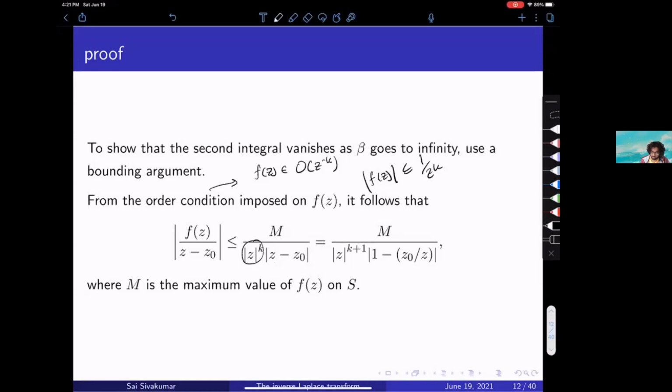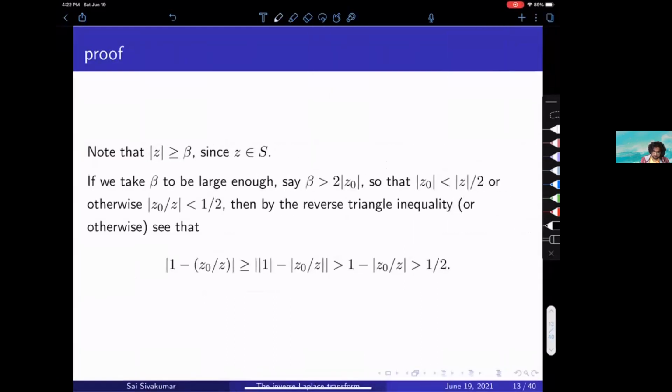So then it becomes 1 minus z naught over z. And we need to show something nice about this, because this is kind of an annoying term, but we want to show, of course, that this z naught minus z is going to go away, so that we're just left with this, which will obviously just vanish. So we'll do that now.